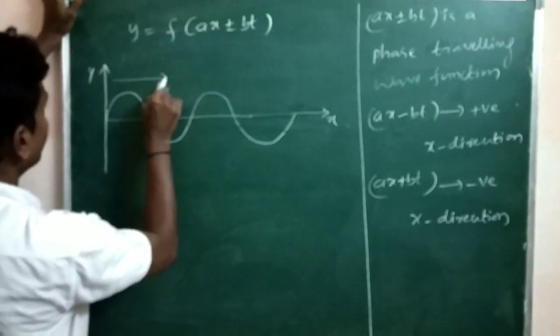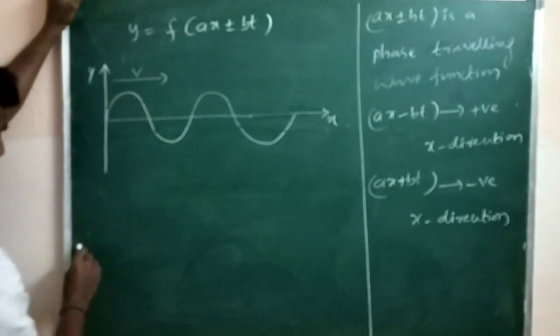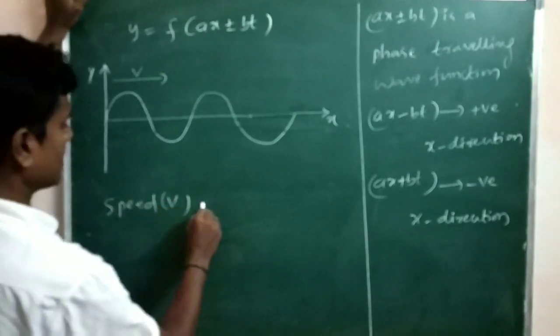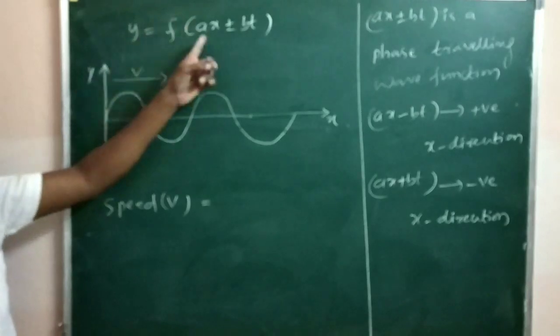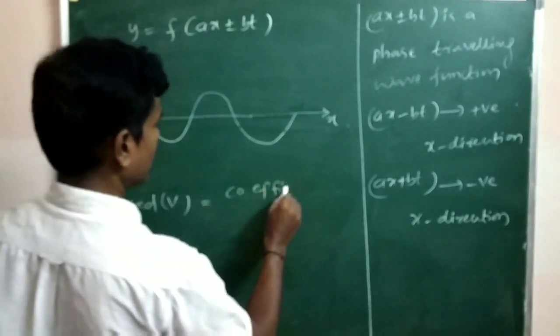The wave has a certain speed when it moves along the x direction. Speed v equals the coefficient of t divided by the coefficient of x.